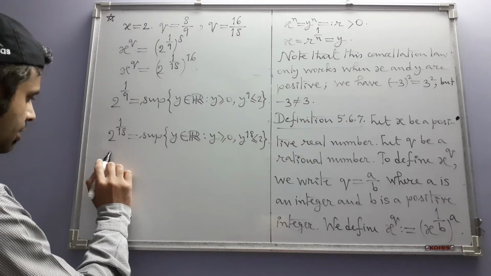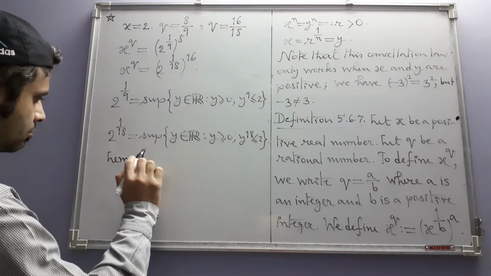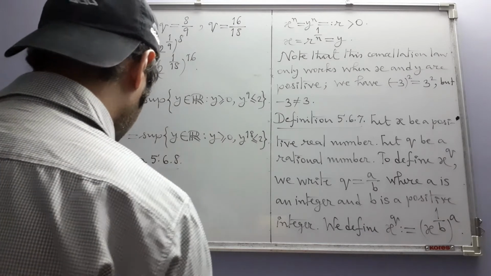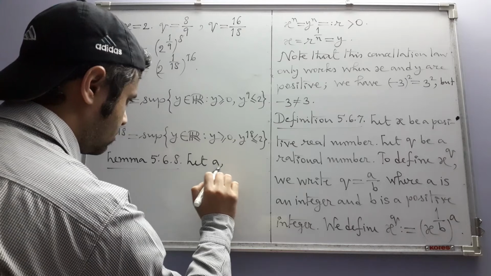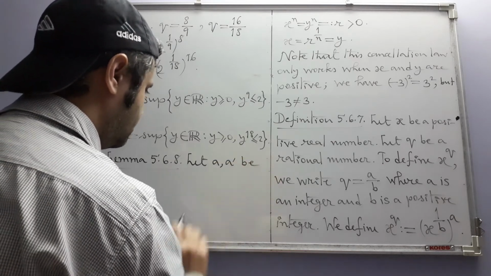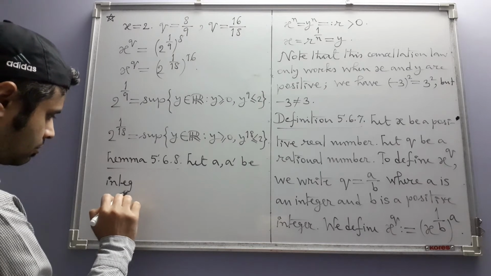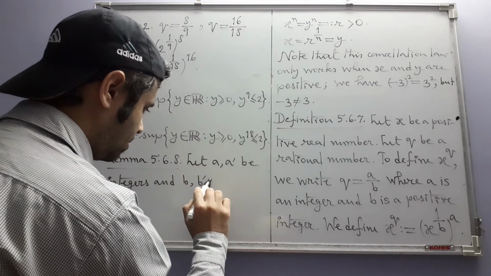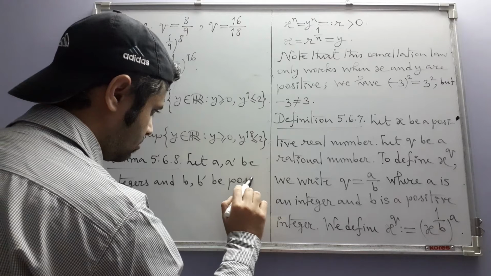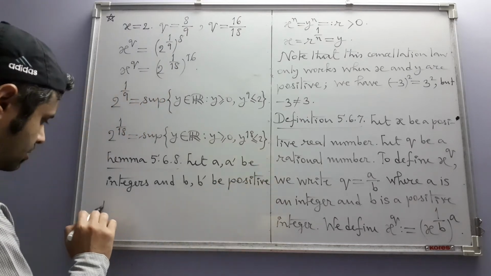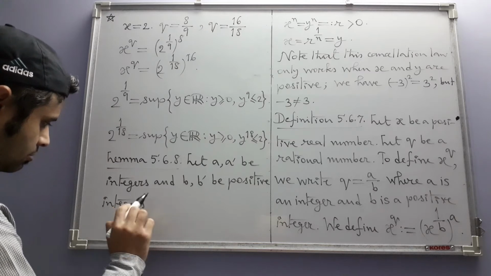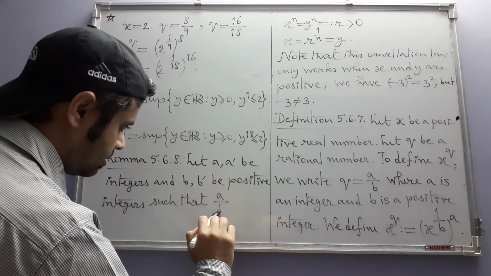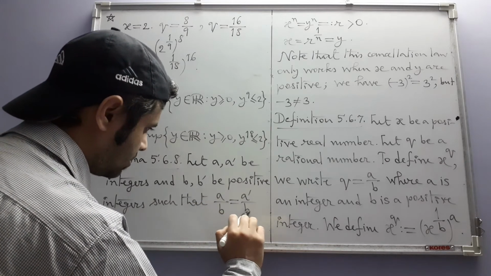Okay, so let us see the lemma. Let a, a prime be integers and b, b prime be positive integers such that a divided by b is equal to a prime divided by b prime.